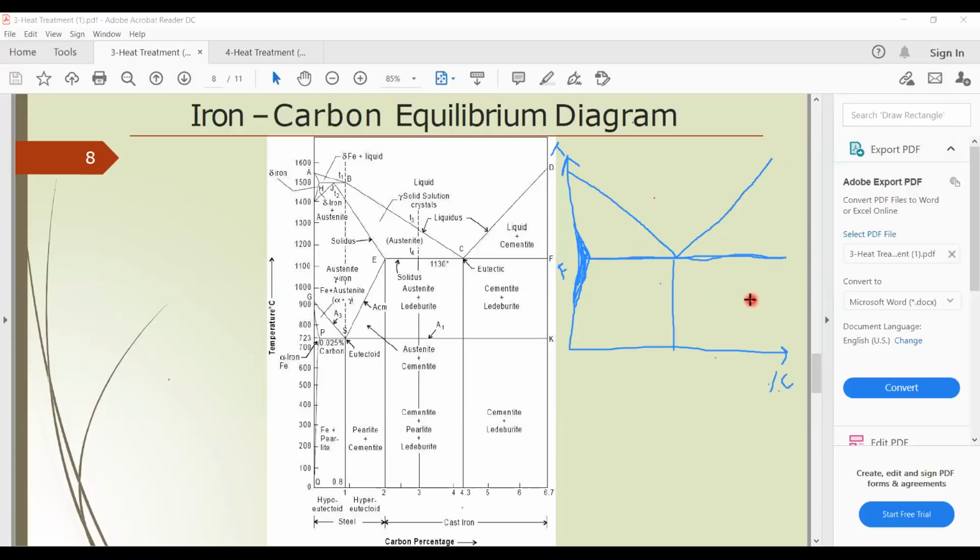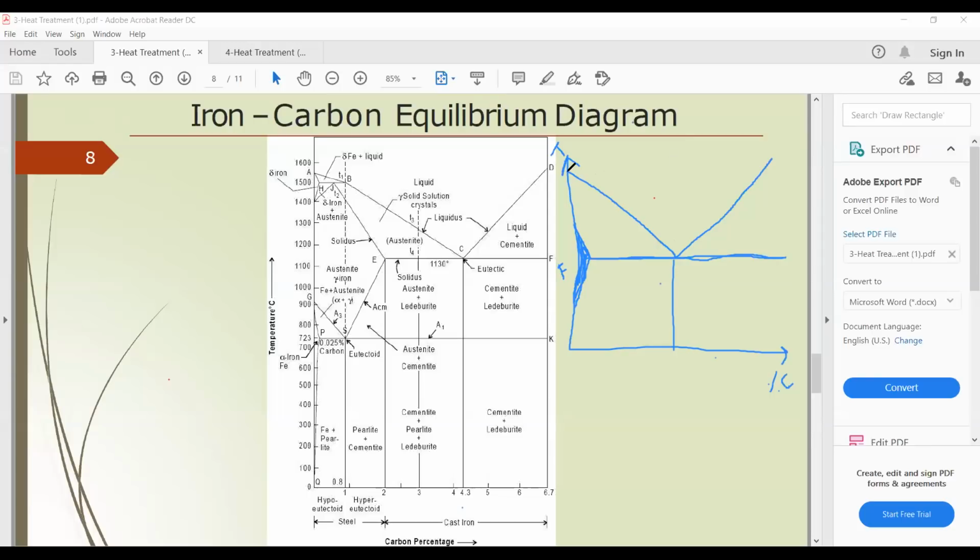Austenite is available above this line, right? Austenite can be in pure form, or mixed with other constitutions, right?